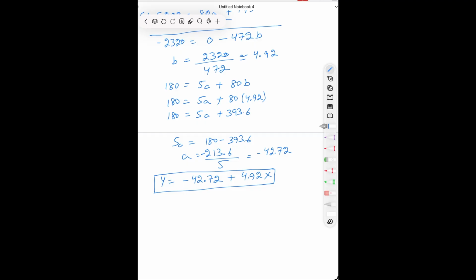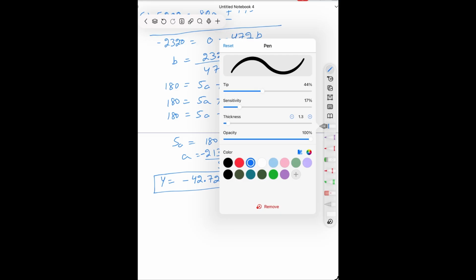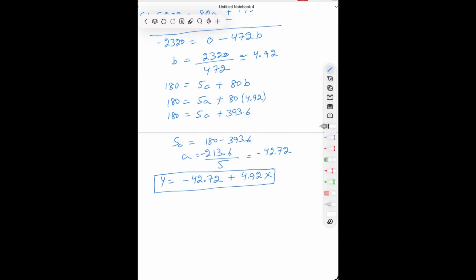Now this equation will be used to estimate the value of y. So let us say the question says estimate the value of y if x is given as, let us say, 100. So in this scenario, y is equal to minus 42.72 plus 4.92 within bracket 100.